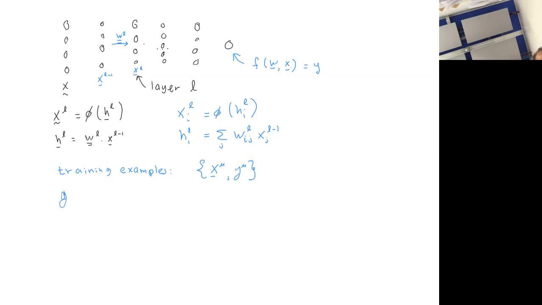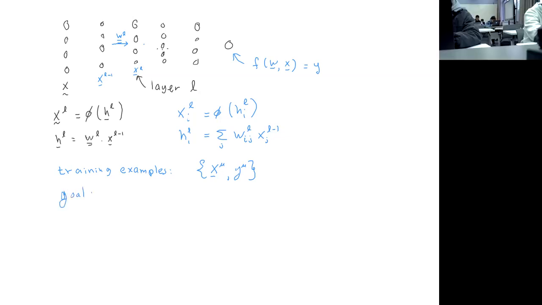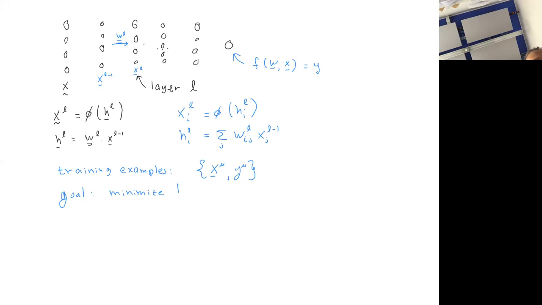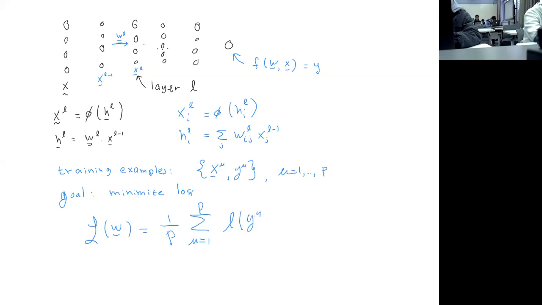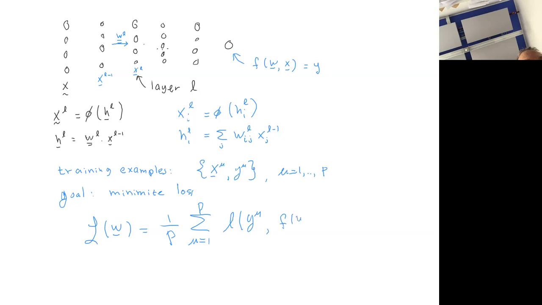The goal is to minimize loss, with mu equals 1 to P. And the loss, L, which depends only on the weights, is 1 over P, the sum over mu equals 1 to P, of some loss function that depends on y^mu and f of W, comma x^mu.